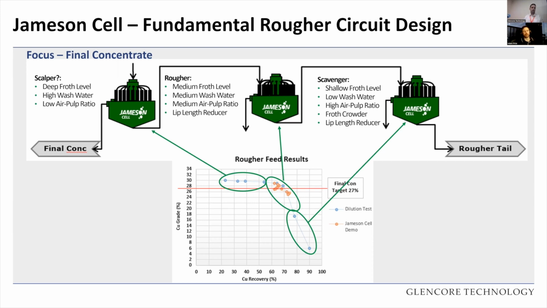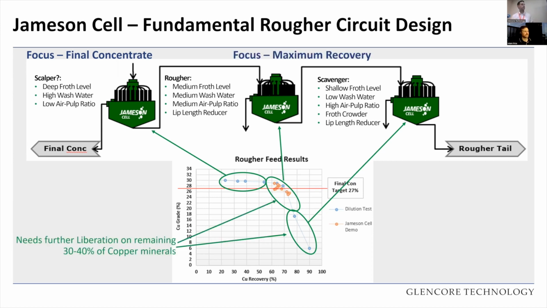And depending on the carrying capacity requirements, you may look at things like froth crowders or lip extensions to make sure that the mass generated there is able to flow across to the launders. Obviously those back two cells are clearly in a zone which requires further liberation, and therefore, as I said, the key target here becomes recovery.